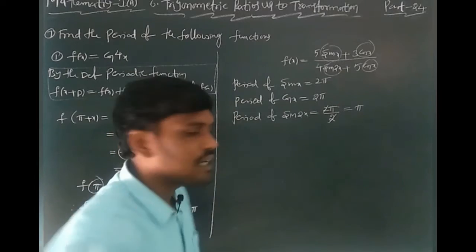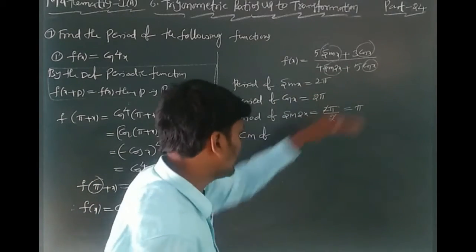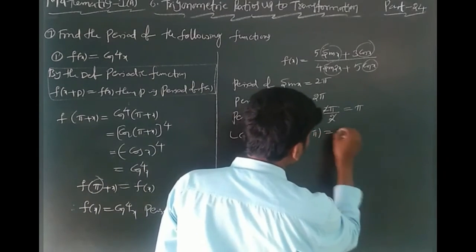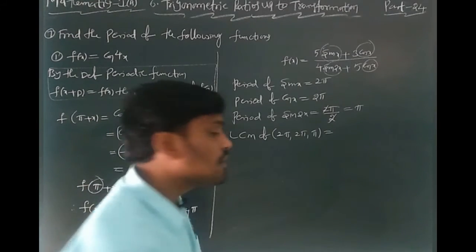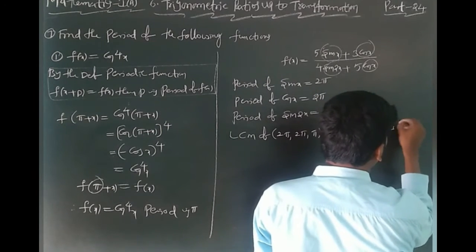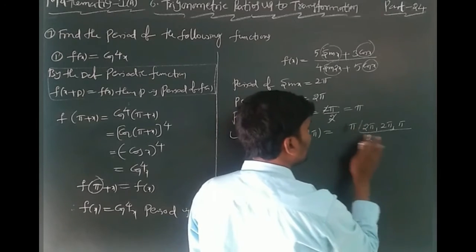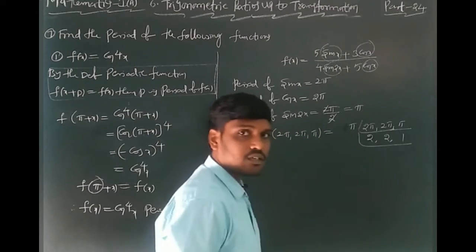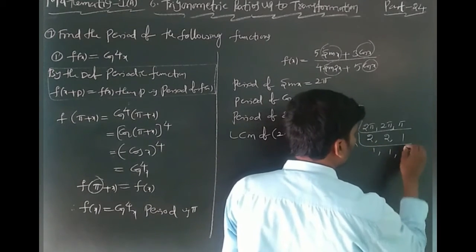Just use the shortcut: LCM of all these periods. LCM of 2 pi and pi. What is the LCM of 2 pi, pi? Writing pi, 2 pi, we get 2, 1, and then 2, 1, 1, 1.